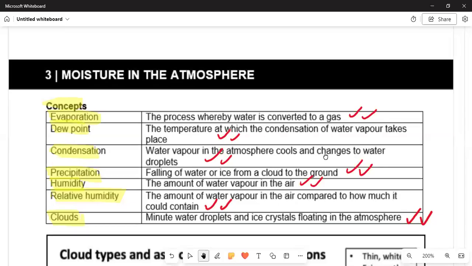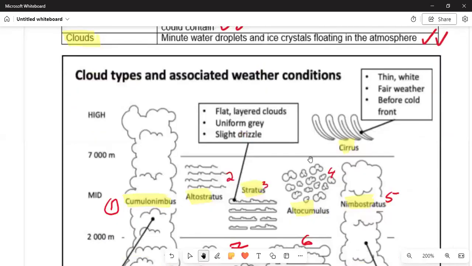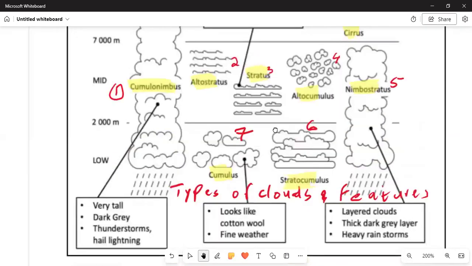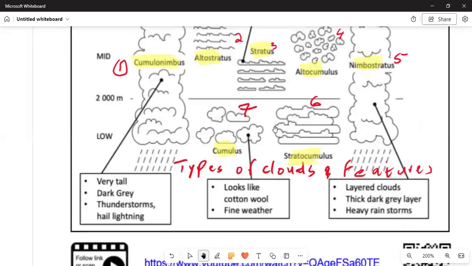All right. And then if we are moving on to clouds now, you can see in the whitish ones, I have now given you what they look like. And then we can see the types of cloud, starting with the low clouds, which happen under 2,000 meters.